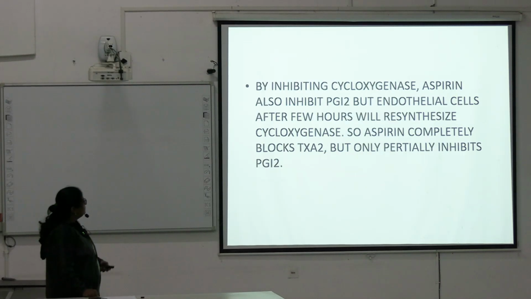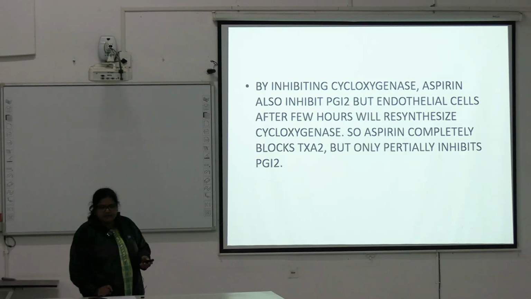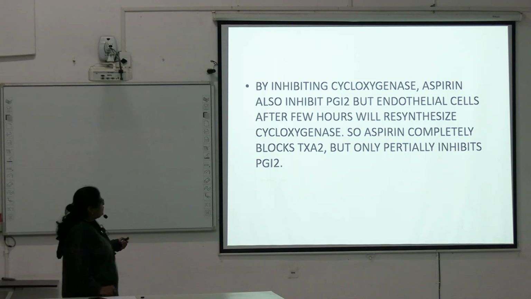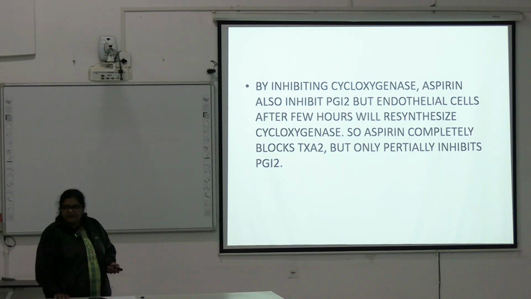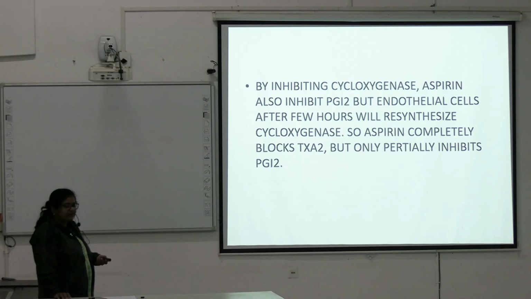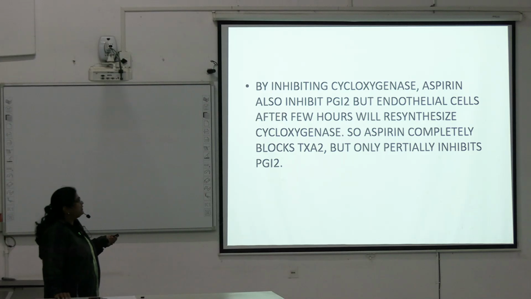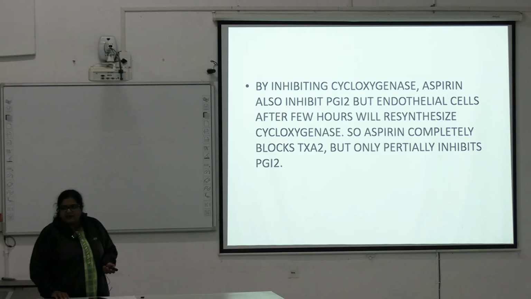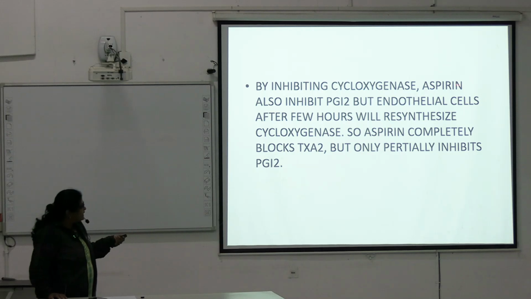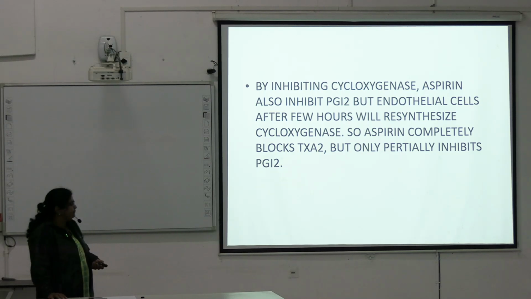Okay. By inhibiting cyclooxygenase, aspirin also inhibits prostacyclin because of the same synthesis pathway. So, PGI2 is also inhibited, but endothelial cells after a few hours will resynthesize cyclooxygenase. Platelets cannot resynthesize, but the endothelial cells can resynthesize this cyclooxygenase enzyme.